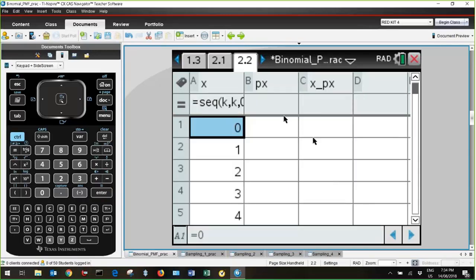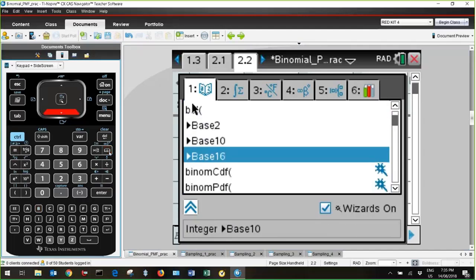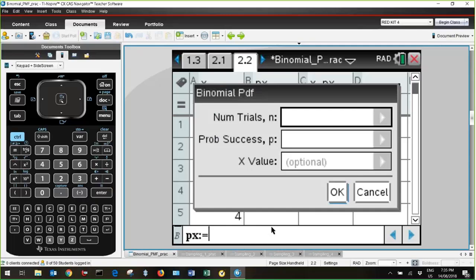And here I'm going to have the probability. It's a binomial probability, so I'll go to equals and then the catalog, and it's B for binomial. I want the binomial PDF, and down the bottom you can see the syntax, although we're going to get a dialog box anyway. The number of trials is determined by the slider n.